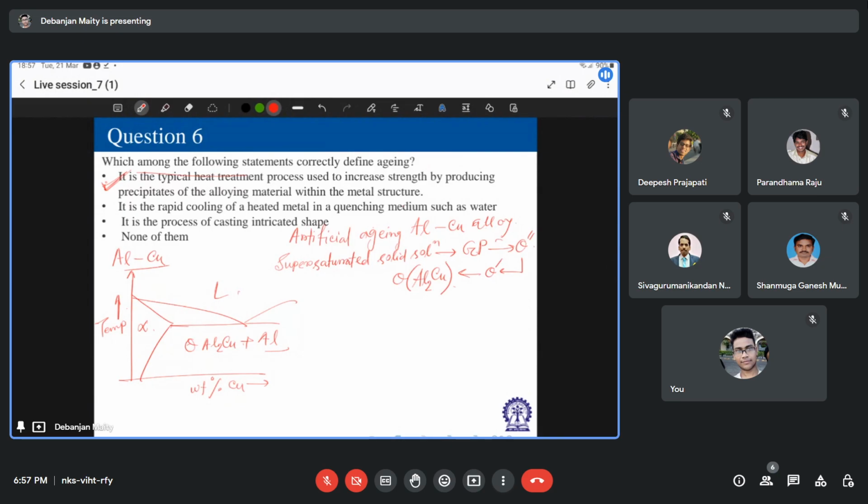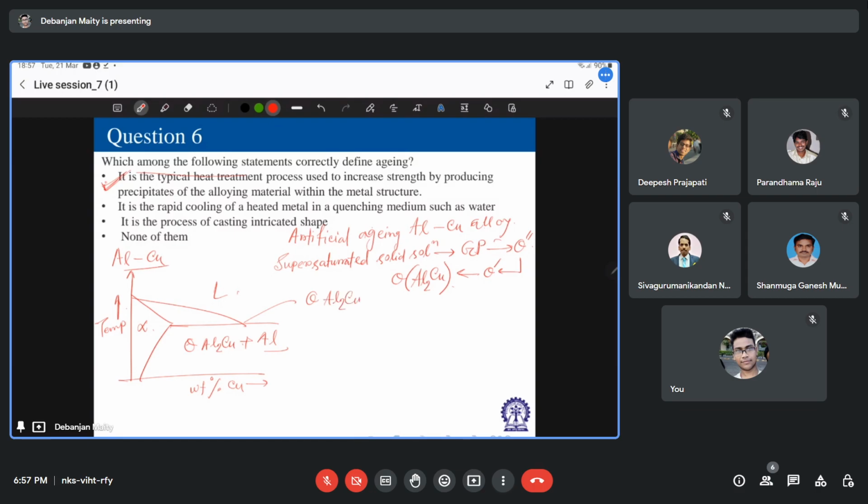What is theta Al2Cu? This is the equilibrium phase. And then you have the GP zone, the theta double dash phase, sometimes called GP2, and the theta dash phase. These are metastable in nature.